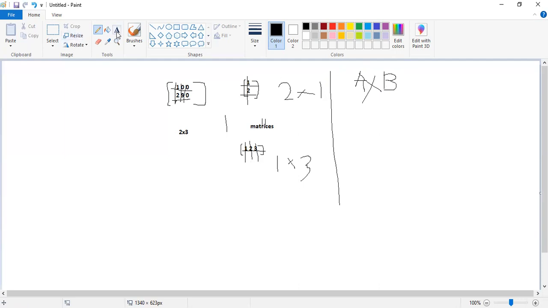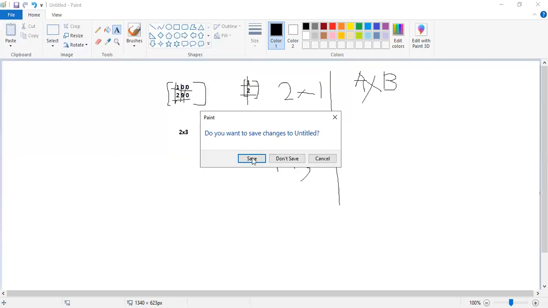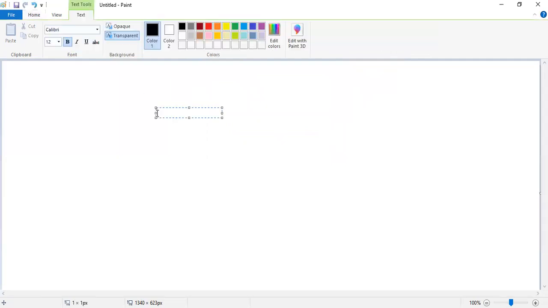So let me use a new screen. Let's say that we have matrix A, and always remember that matrices are always labeled with capital letters, not small letters.